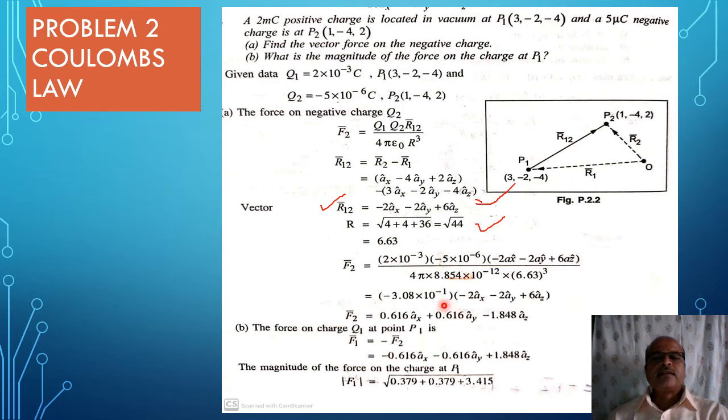Putting these values, then 4 pi into 8.854 into 10 raised to minus 12 into this 6.63, that is the r value, r cube, so 6.63 cube. And if we calculate the values from the calculator, then we will get this equation. That is, after calculation we will get this equation.